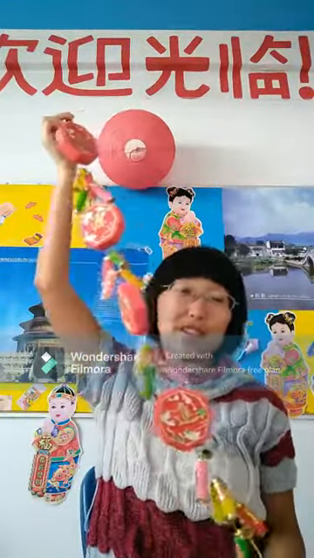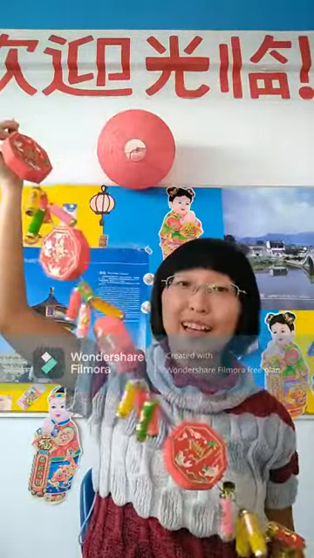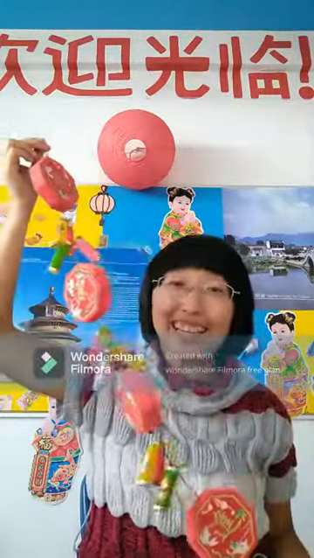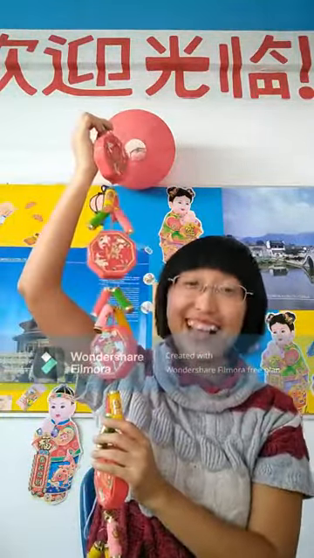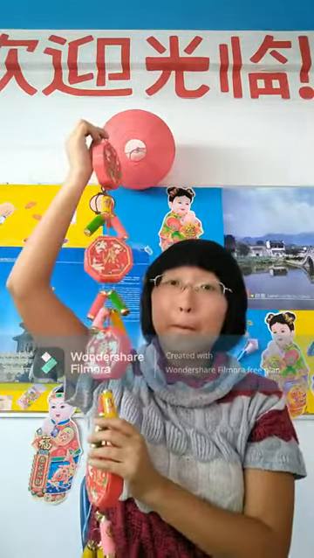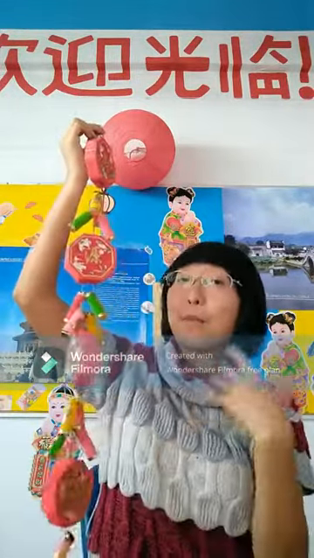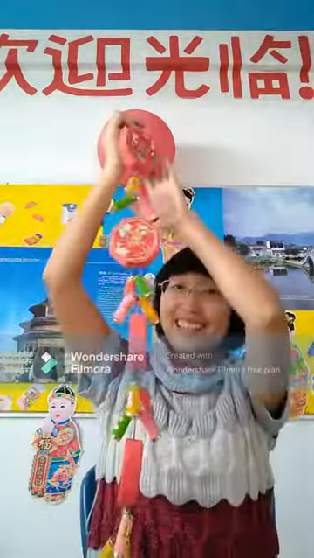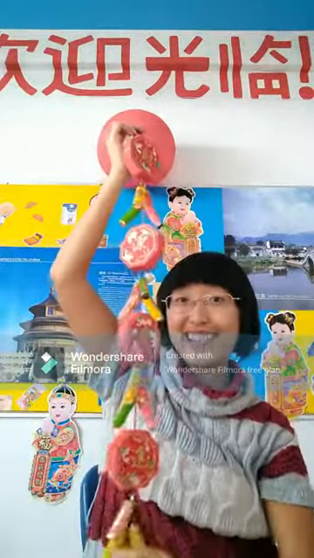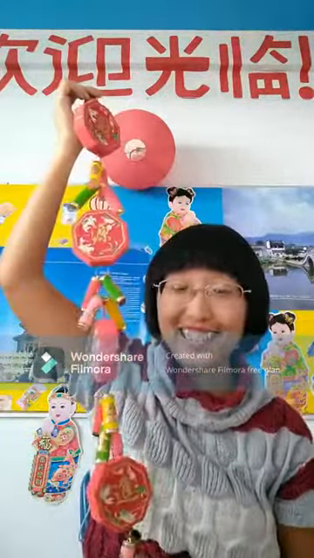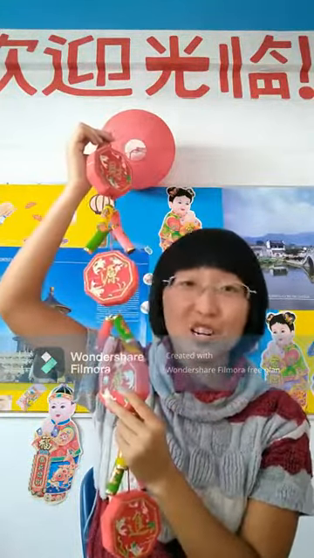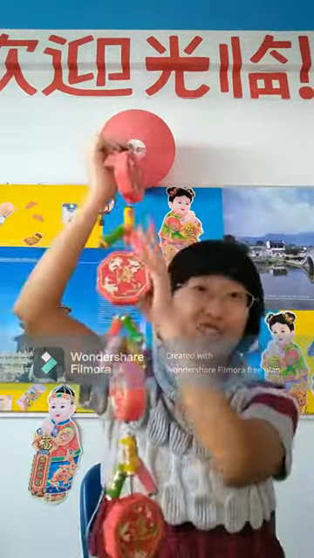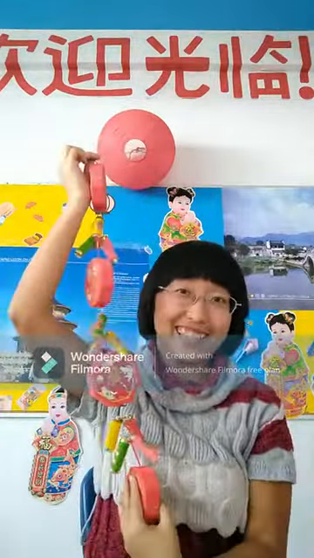But this fake one is also very beautiful, very lovely, and it's a piece of artwork. So now many people buy or make such artworks of Chinese traditional firecrackers. That is just art, it's fake.